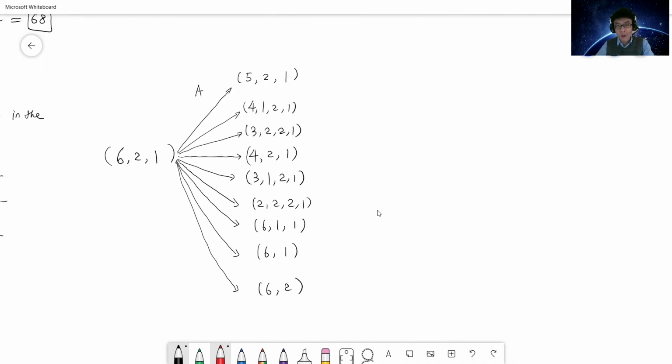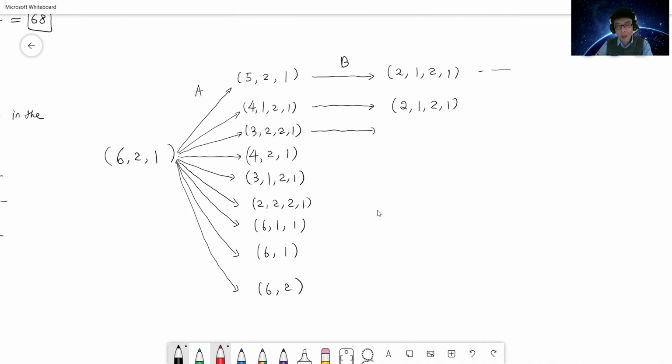And the next move is Beth's. Beth tries to make it symmetric to guarantee her win. So now Beth can have the following strategy. She can remove 2 bricks from 5 to get 3-2-1-2-1. For this picture, we can remove 2 bricks from 4 to get 2-1-2-1. It's symmetric.